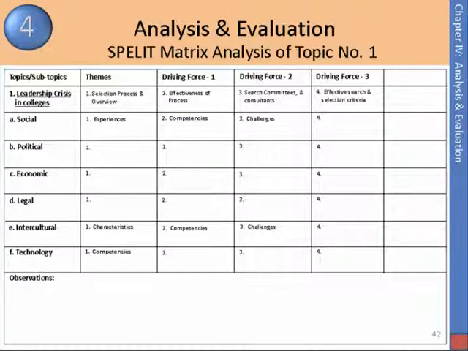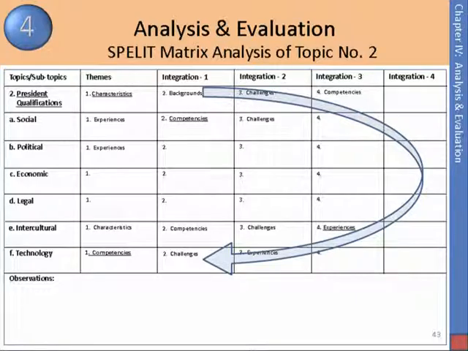Let you take a look at that for just a second. As you can see, experiences, competencies, challenges, and characteristics are listed on the table. These form a basic circular discussion from top to bottom when reviewed in the literature.